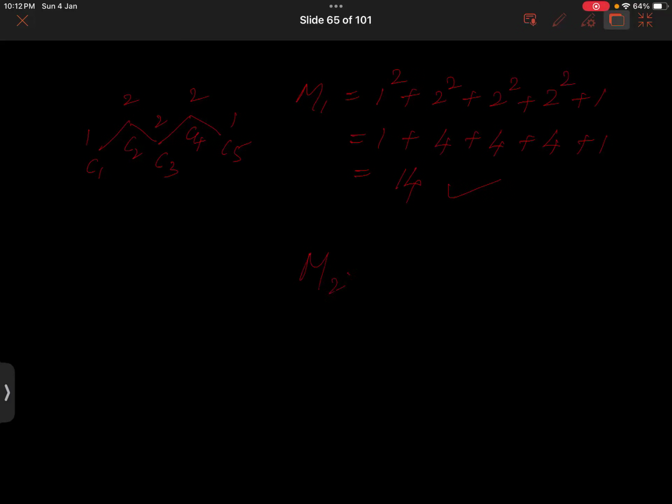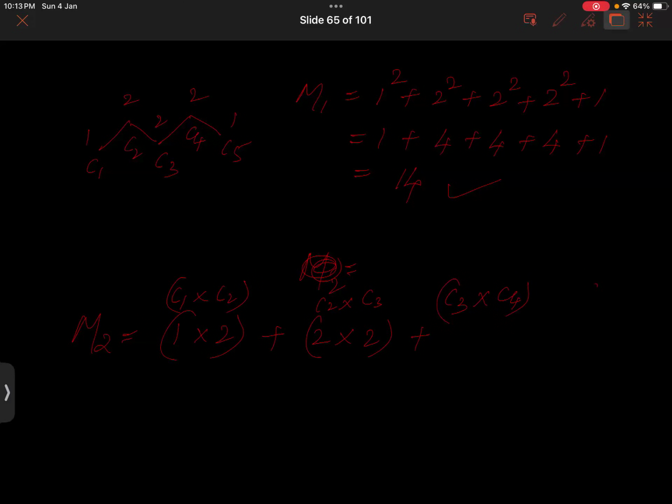Similarly, M2 for this is the product of the degrees of adjacent vertices: C1 into C2, then C2 into C3, C3 into C4, and C4 into C5.